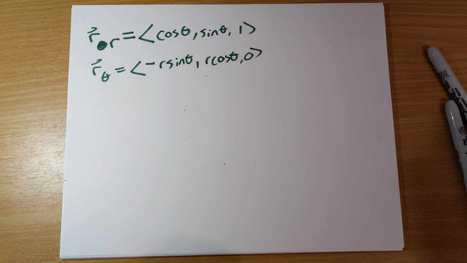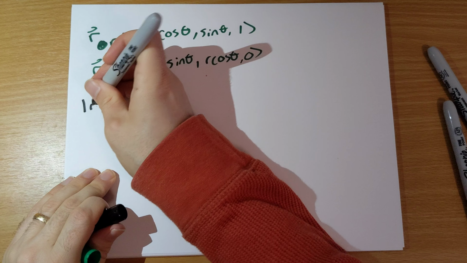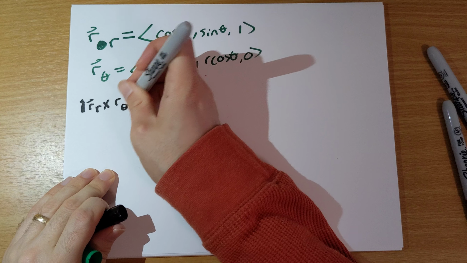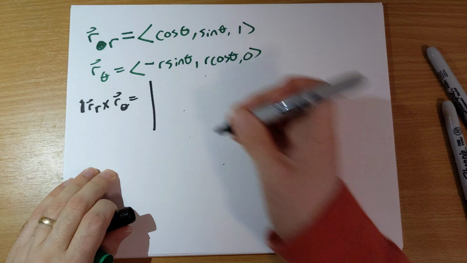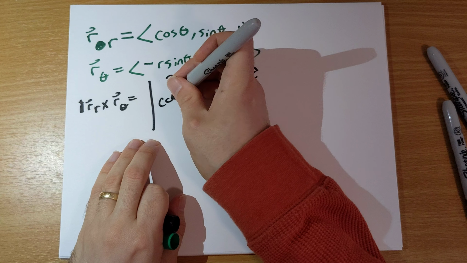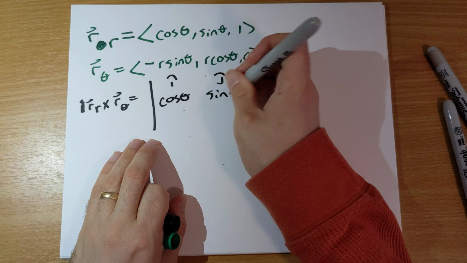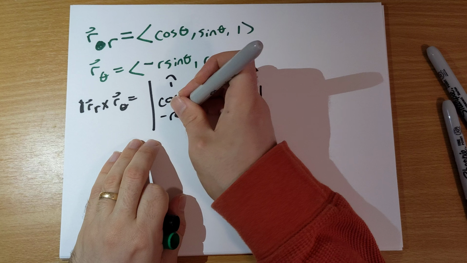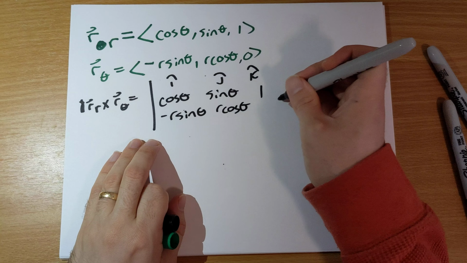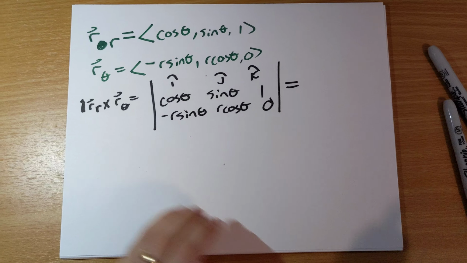So then, what do we end up with? The cross product will be the determinant with i hat, j hat, k hat, cosine theta, sine theta, 1, negative r sine theta, r cosine theta, 0.